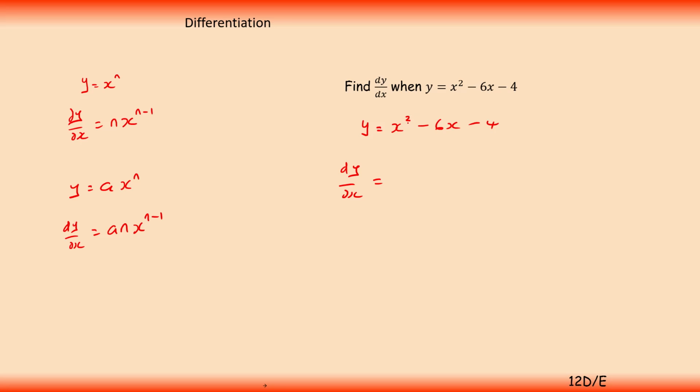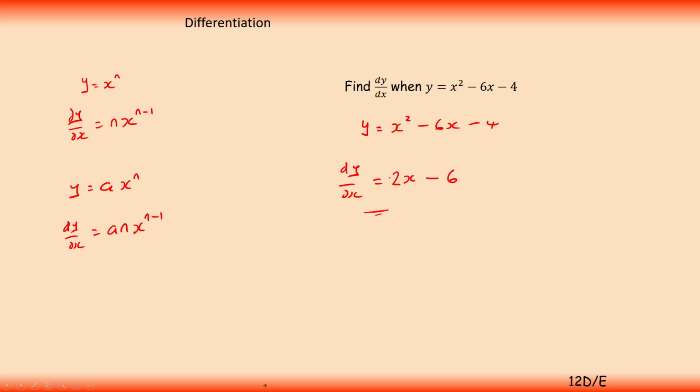Differentiating x squared gives us 2 to the power of x, subtract 1, so it's 2x, minus 6, the constant. Well, technically that's x to the power of 1, but we subtract 1 from it, so it becomes x to the power of 0, which disappears, and the constant, we ignore the constant. Good, so that's that done.